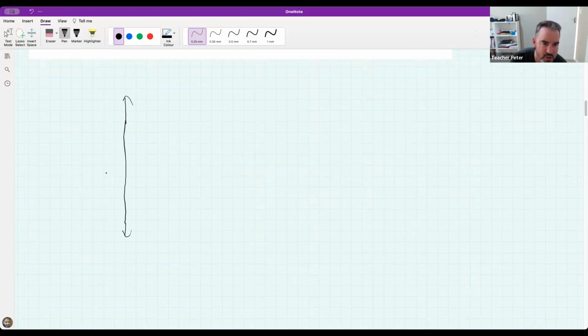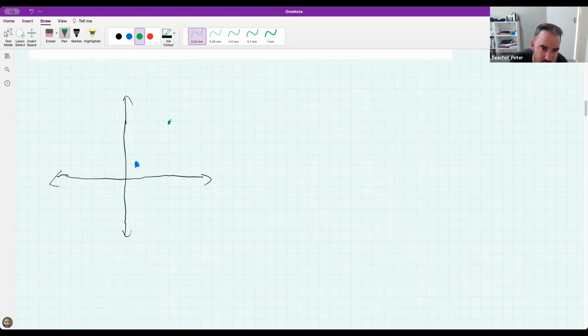So let's set up a situation where we have this going on. Let's have a Cartesian plane. And we're going to say this is a point over here, and this is a point over here.